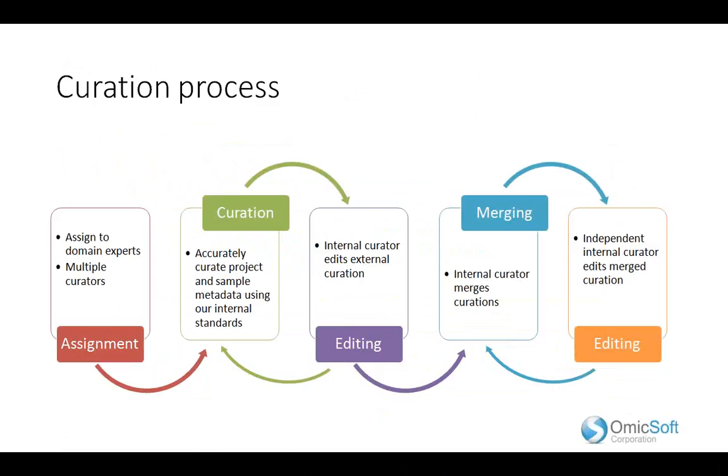We have to merge these different curation results and make sure they are consistent. If somehow two or three curators are not showing the same curation, we take another look to make sure everything is right. Then finally, these merged results go to an independent internal curator for another check and validation.